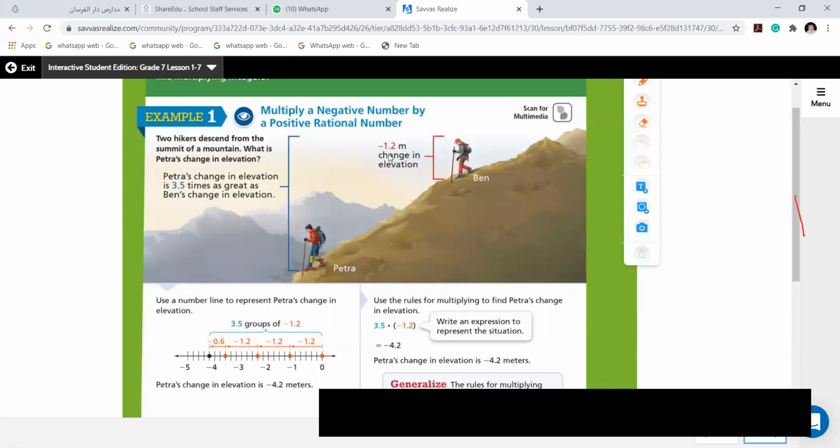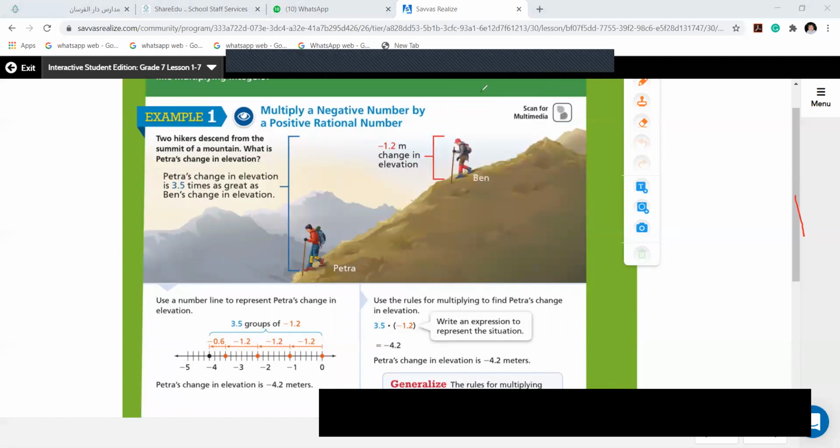Girls, when I do this, 3.5 times of, they have put, instead of times, they have put a dot.